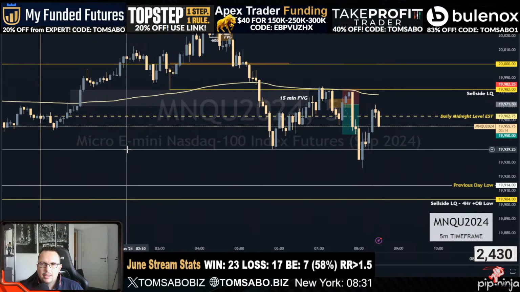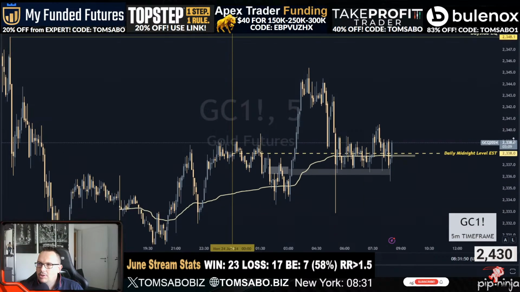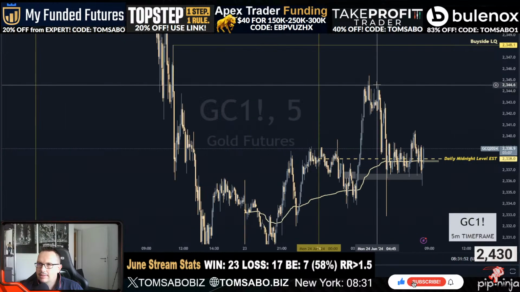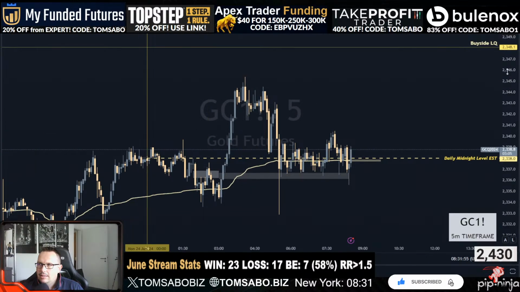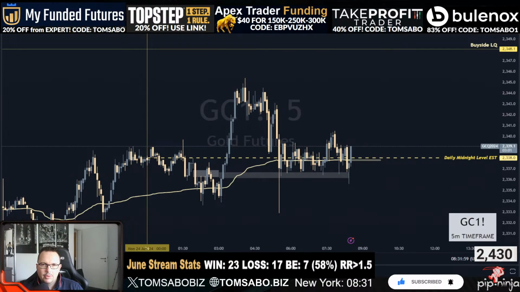And we'll see for the next setup on gold. As I said, we could be targeting that high at 23.48. Should be breaking through here to the upside.